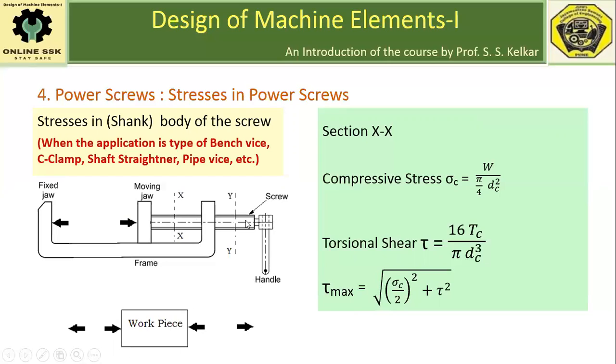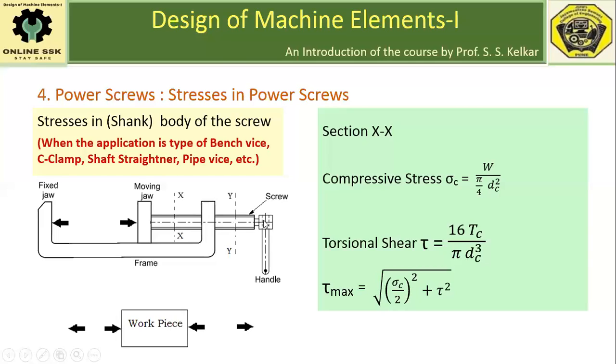The operator will provide torque equal to the operator force P multiplied by length of the bar or handle. So total torque as given by the operator will be T. That T will have two components, TC and TT. TT is the torque required to overcome the thread friction, and TC is the torque required to overcome the collar friction.